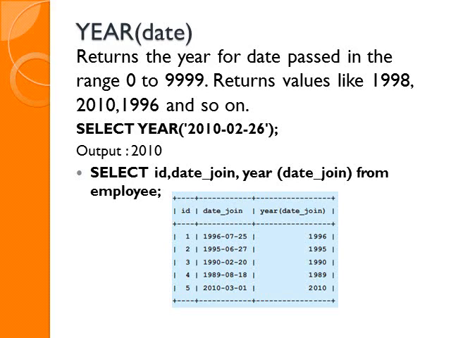Its output is 2010. One more example, SELECT ID, date_join, YEAR(date_join) FROM employee. You can see from the output it is giving you only the year portion in the third column where we have used the YEAR function.